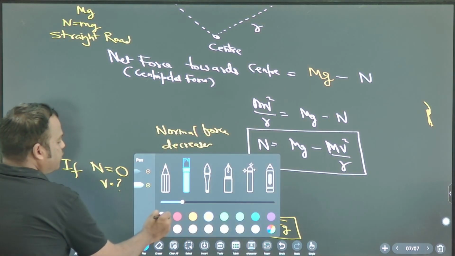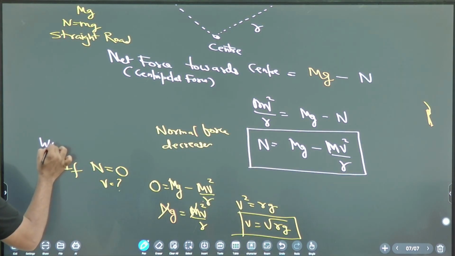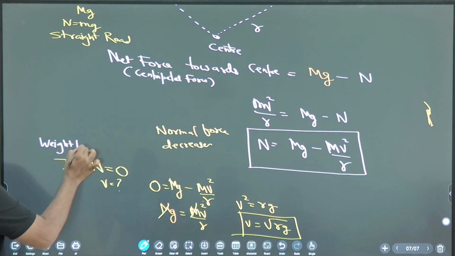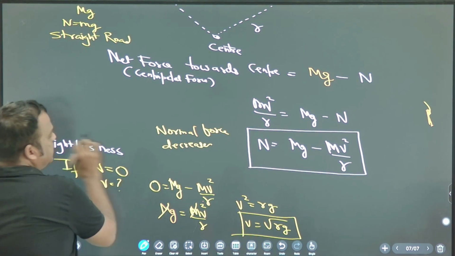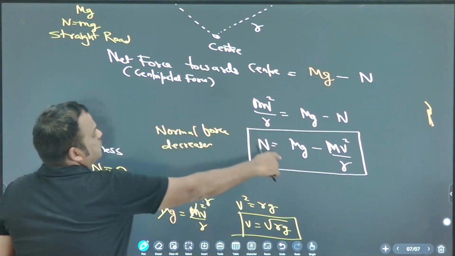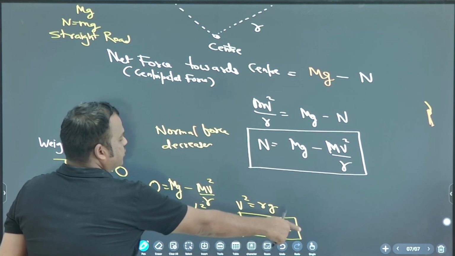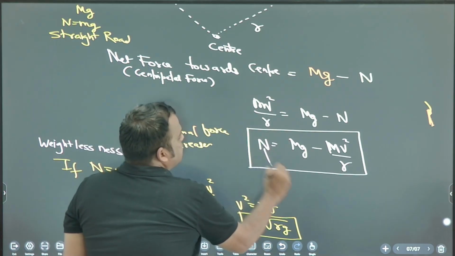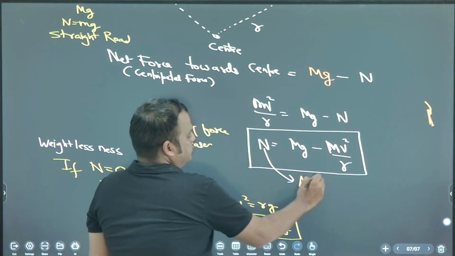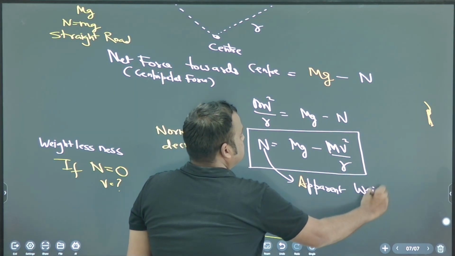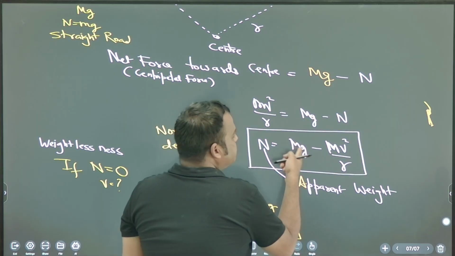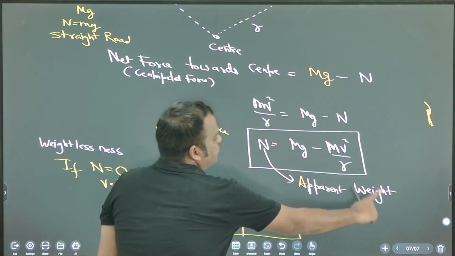So normal 0 is known as weightlessness. You will feel zero weight when v is equal to square root of Rg. Because what is N here? This is apparent weight. What is the actual weight? Mg. Actual weight is mg, but normal is apparent weight.